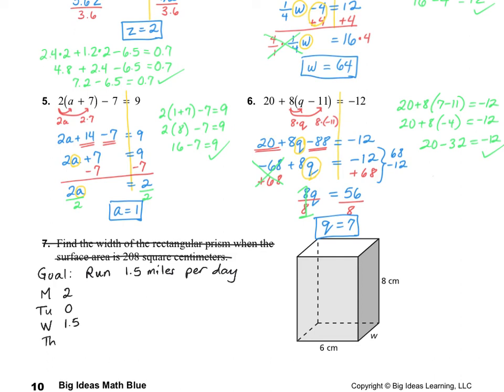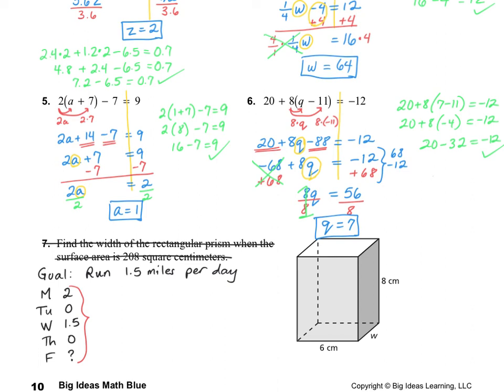On Thursday, 0. So the question is, how many miles do you need to run on Friday in order to get the goal of 1.5 miles per day? So if you remember, the average is adding everything up and then dividing by how many there are. So in this case, there are 5.